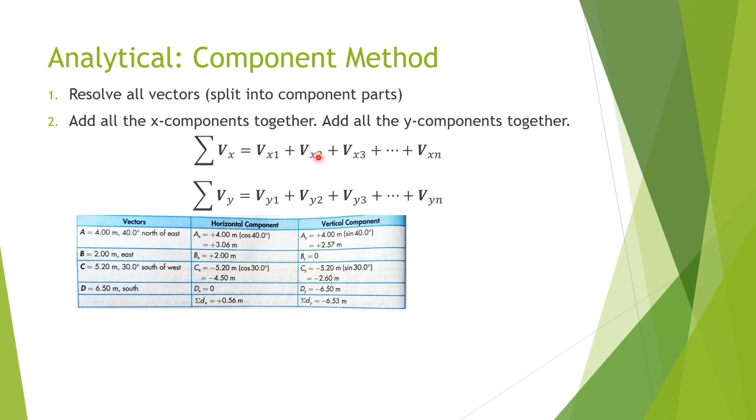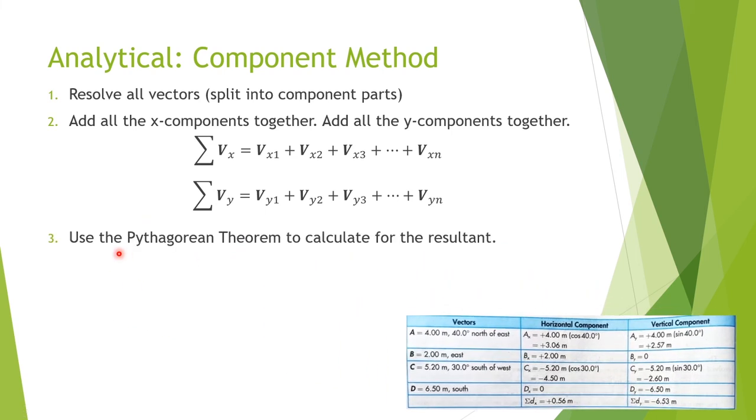You add all the X together, from the first X to the second X to the third, all the way to whichever X. Add them all. And then add all the Y too: the first Y, the second, the third, all the way to whichever Y. So that's all for step 2.